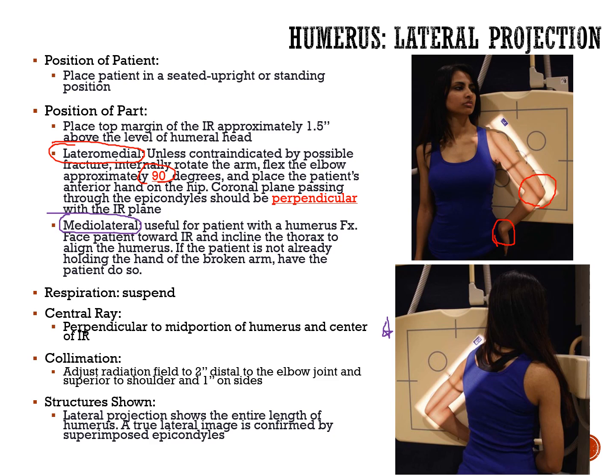So we're going to perform this on suspended respiration. We're going to be perpendicular to the midpoint of the humerus, and we're going to have our image receptor collimation open 2 inches distal to the elbow joint and to the superior shoulder and 1 inch on the sides. And we're going to see a true lateral projection of the entire humerus.